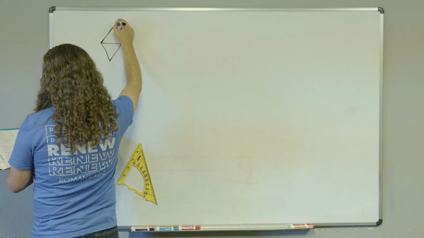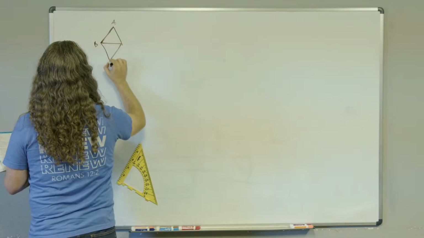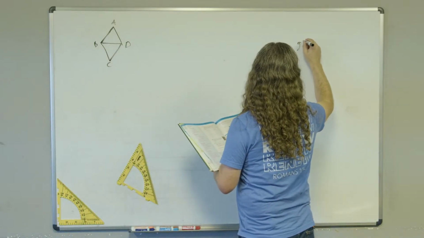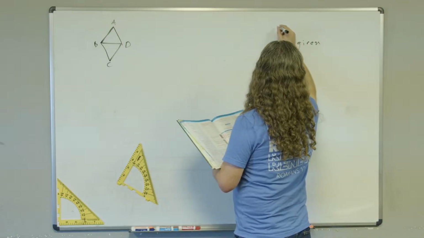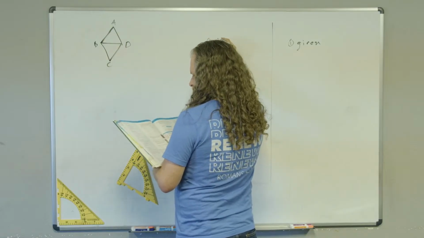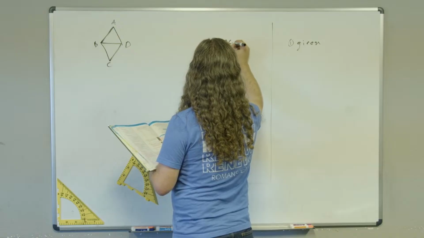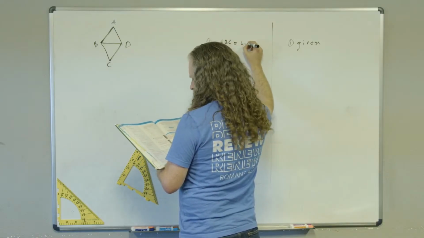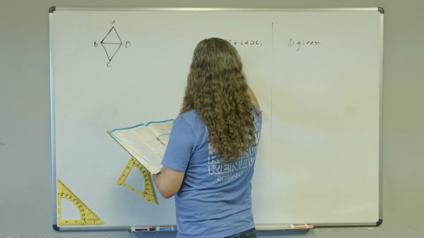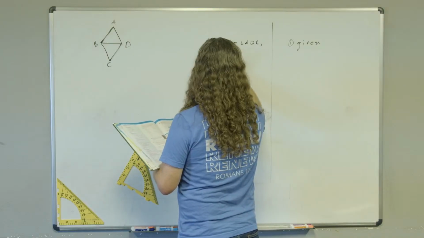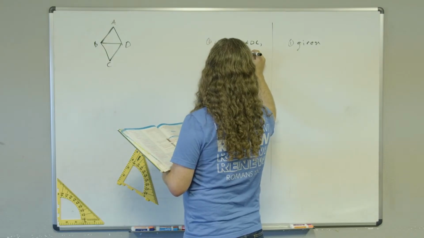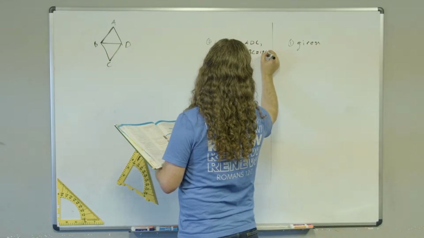All right, so this is 27 from the same page. We are given that angle ABC is congruent to angle ADC, and the measure of angle A plus the measure of angle ABC equals 180 degrees.